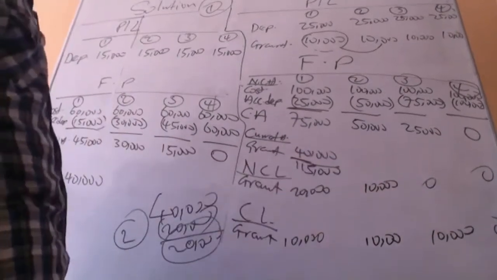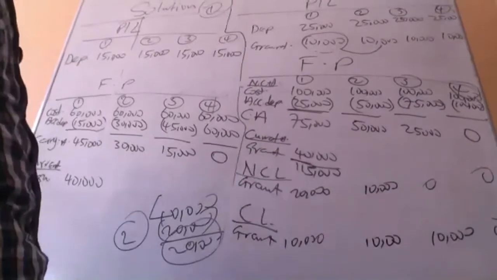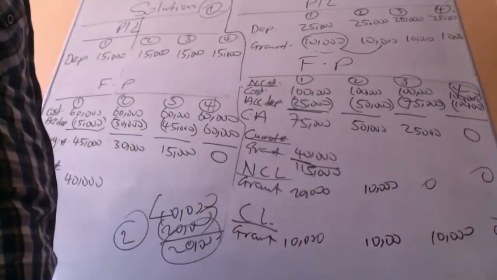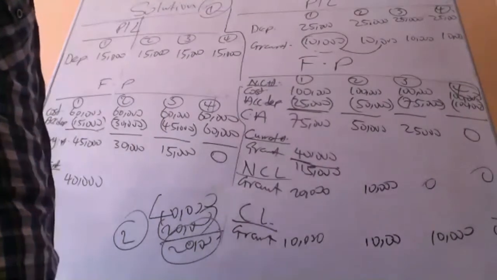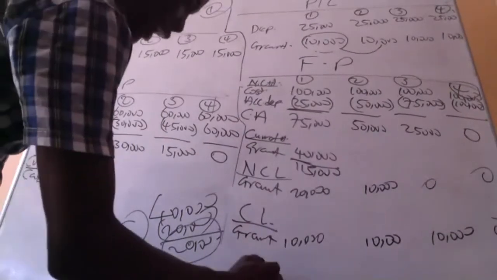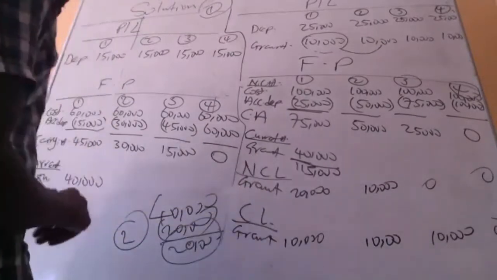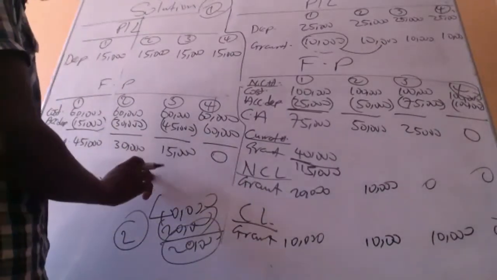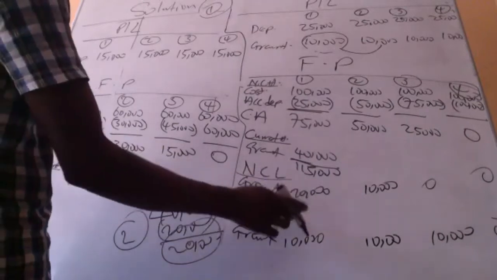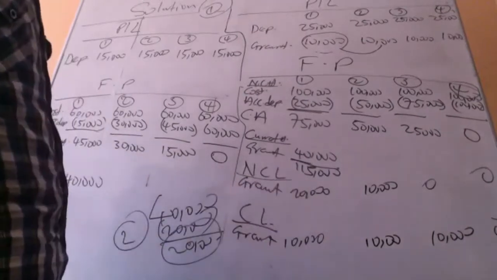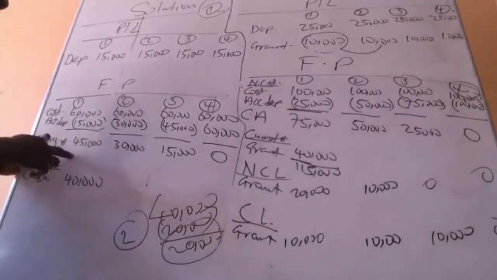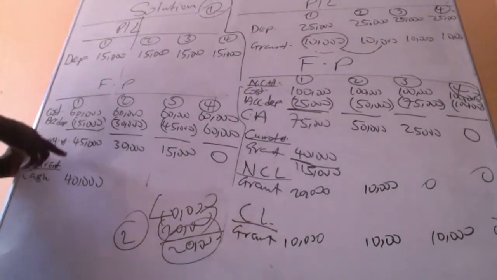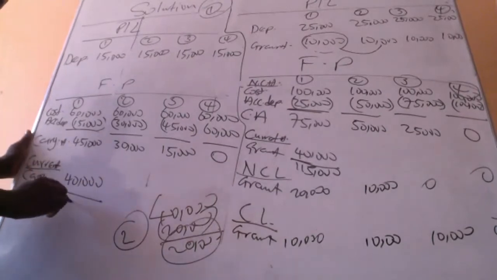What will be the net asset? 115 less 30 is 85. Good. When you come here for year 1, we have 40 here and 45. Putting it together, 85. So whichever approach you use, the answer will be the same.